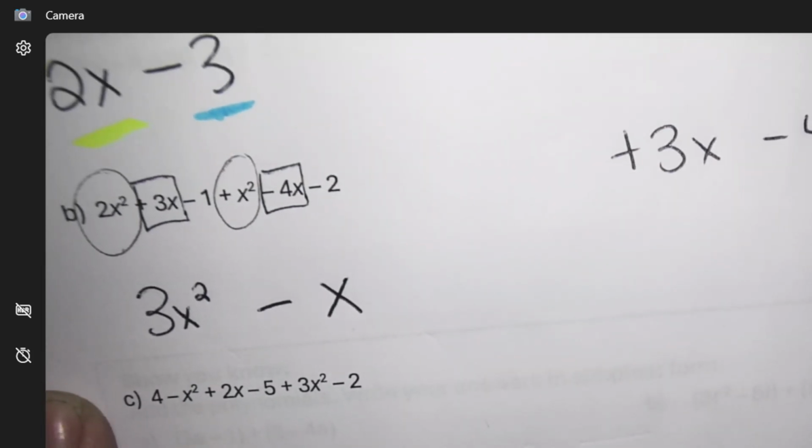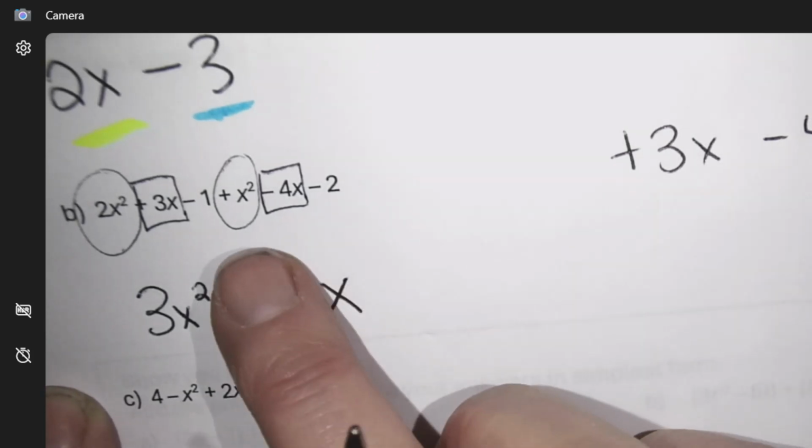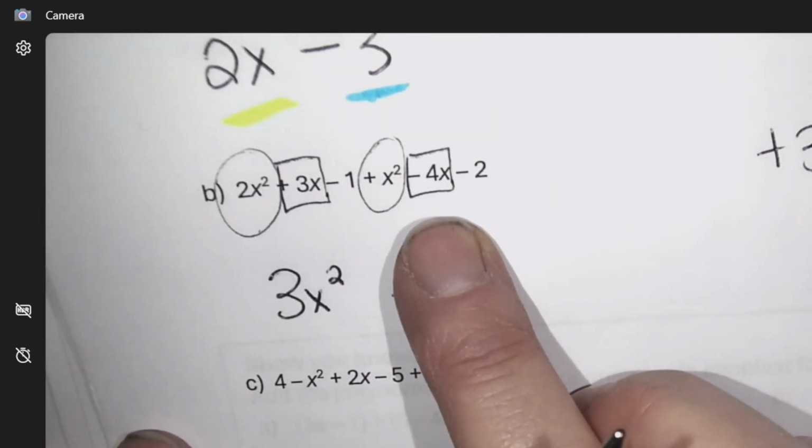X squared minus 4x? That cannot be put together.